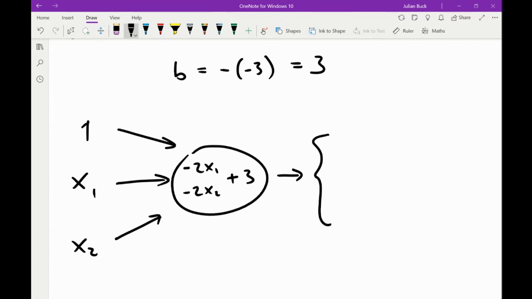Okay, and so then the output is going to be, well, if x1 and x2 are both 0 or both 1, then you get -4 plus 3, -1. So it's going to output as 0.